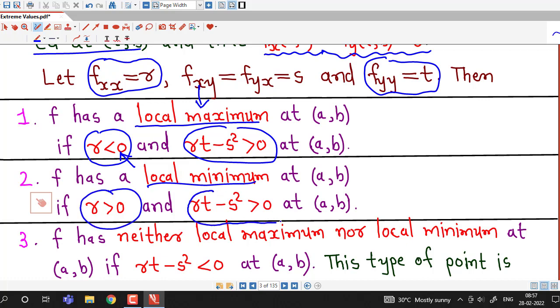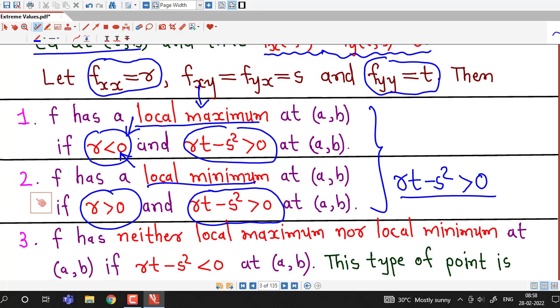For local maximum as well as local minimum, for both of these, rt minus s square must be positive. If rt minus s square is positive, then we may have either maximum or minimum. Maximum and minimum will be decided with the sign of r. If r is negative, local maximum. If r is positive, we are having local minimum.